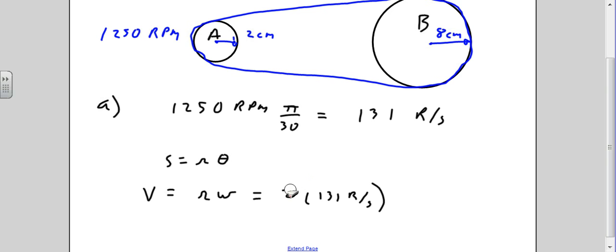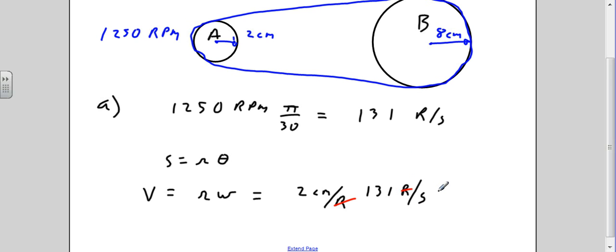Right. This is centimeters per radian. So if we think of the radius as 2 centimeters per radian, and then we multiply that by 131 radians per second, then we can see my radians go away and I come up with centimeters per second, but I want my answer in meters per second.